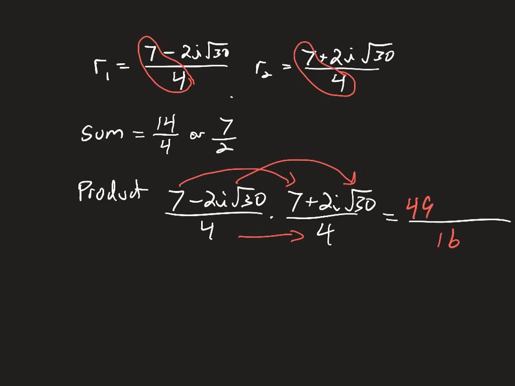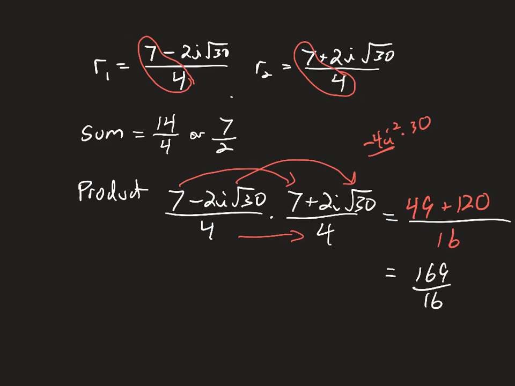Now the last terms, you've got 2i times 2i, which is 4i squared. So you have negative 4i squared times rad 30 squared, which is 30. And this would give you 4 times 30 is 120. So that ends up being 169 over 16, and that's my product.